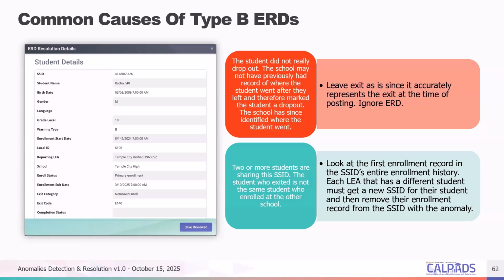Then of course you could notify the prior district to say, hey, we have your student, then they could change their exit to a T160 if it was an E400. Now, if the student was SARBed, then of course that E140 should stick because they already went through the SARB process. And then another cause of type B ERD again is that you unintentionally picked up the wrong SSID.